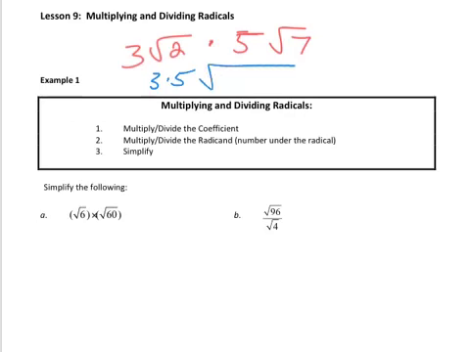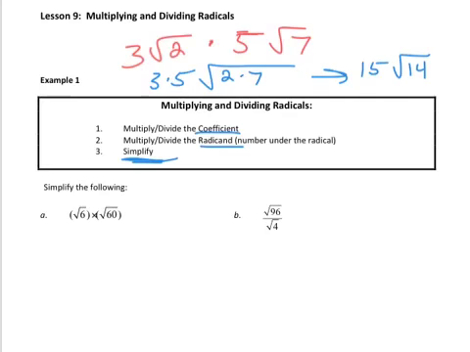And then on the inside, you're going to multiply the 2 times the 7. So in this case, you'll get something that you can't simplify any further. It's 15 radical 14. So that's the process. Multiply the coefficient, multiply the radicands, and then if possible, simplify to lowest terms. So let's take a look at the different examples.